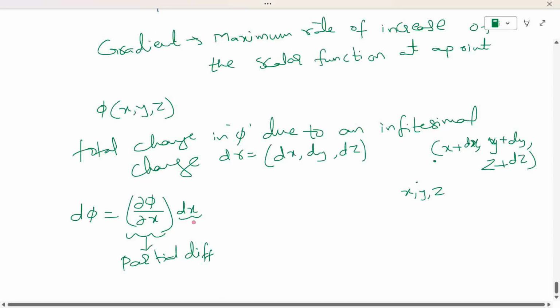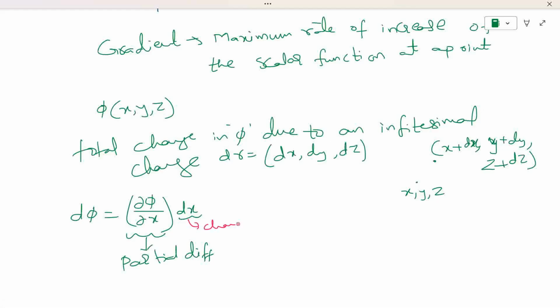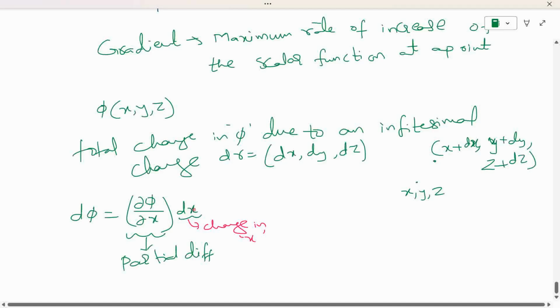This is partial, while dx is the change in x. So we do the partial differentiation with respect to x and then multiply with the change in x, which is dx.